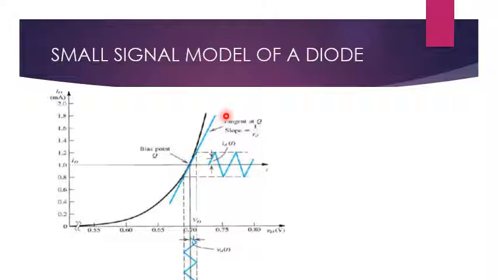Now this is your ideal diode characteristic. Now we have seen that VD, which is used to fix the bias point, will keep the diode in the on state. So the bias point is actually here. Whatever signal you impose, this vd of t, is on your bias point, right? Now what you have to do is find out the current. What is your ID of t?